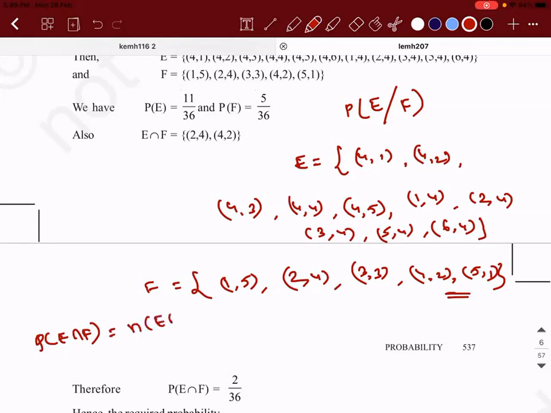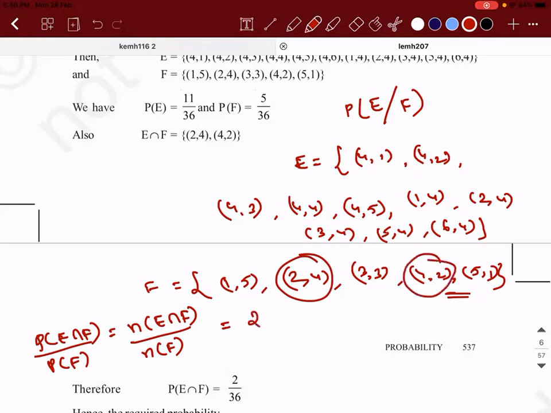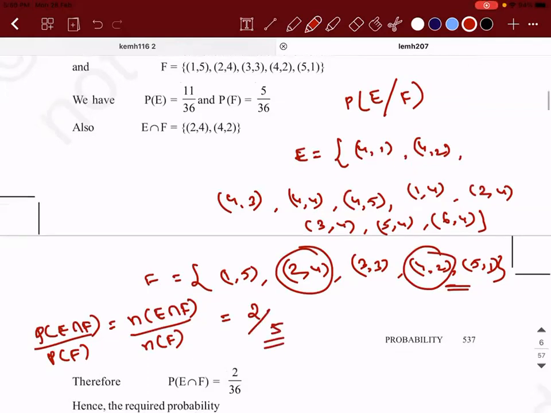You can remember it like this: the number of elements in E intersection F divided by the number of elements in F. 1,5 is not common; 2,4 is common; 3,3 will not be there; 4,2 is common. So 2 out of 1, 2, 3, 4, 5. So 2 out of 5.